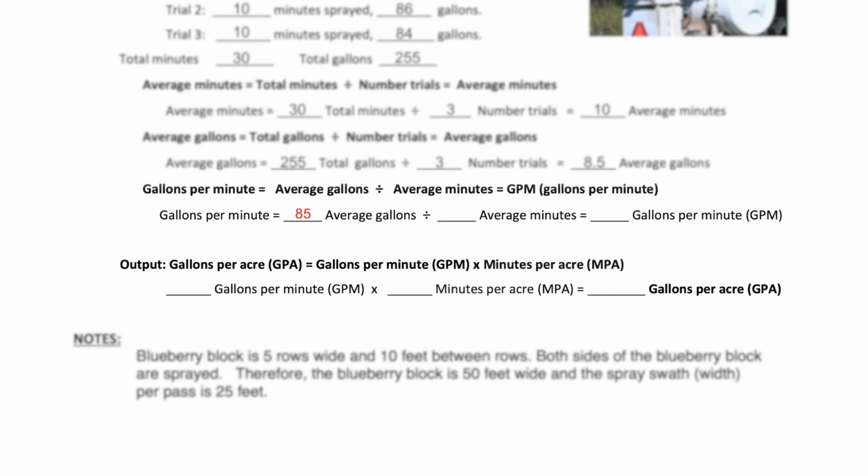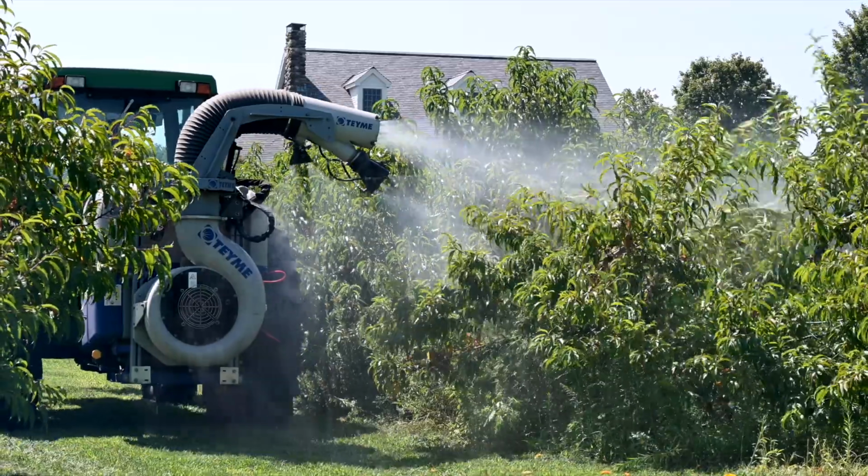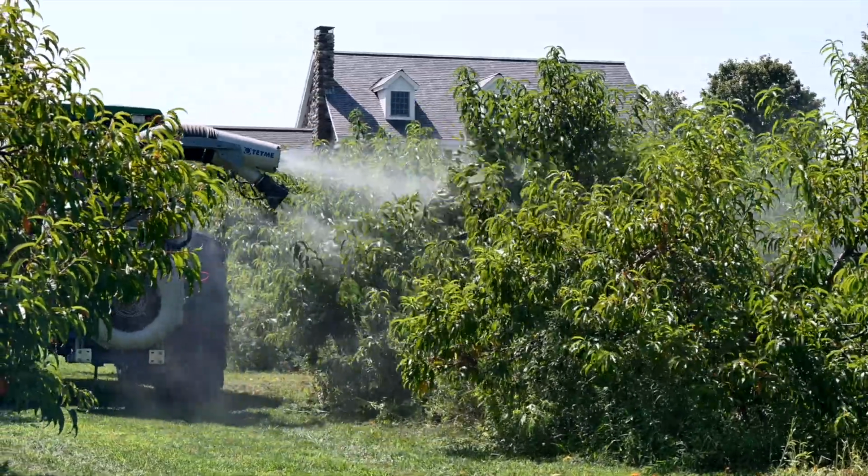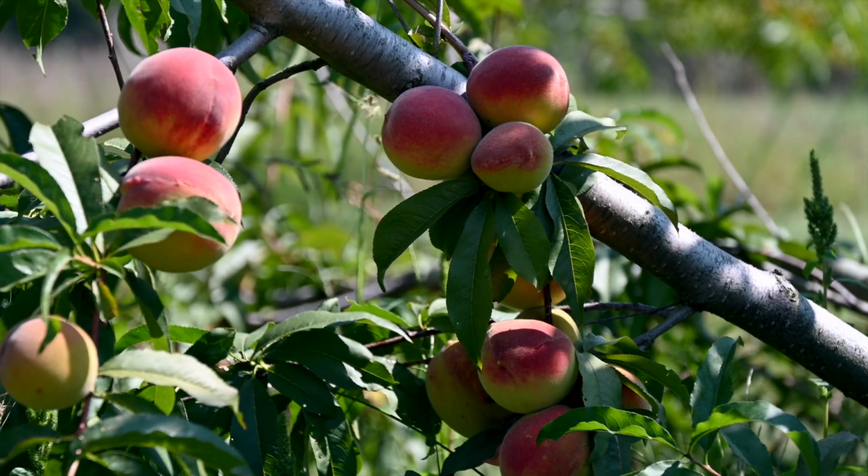Divide the 85 gallons by the 10 minutes, which calculates to 8.5 gallons per minute. We then multiply the 8.5 gallons per minute by the 5.21 minutes per acre to determine that we are applying 44.3 gallons per acre.